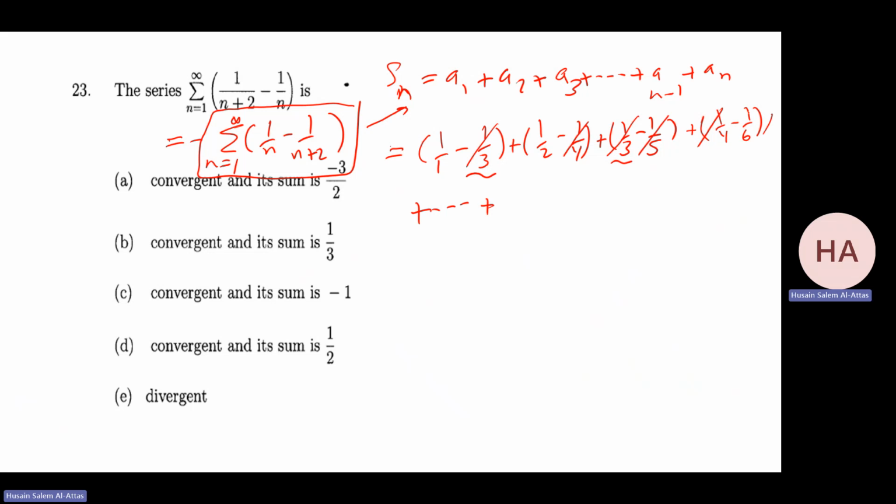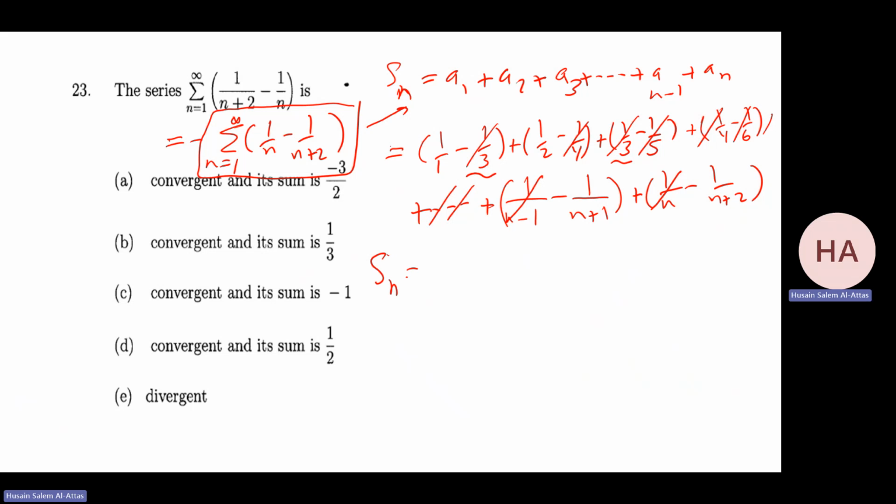I need only the last two terms. It will be 1 over n minus 1 over n plus 1, plus 1 over n minus 1 over n plus 2. These will be cancelled somehow.